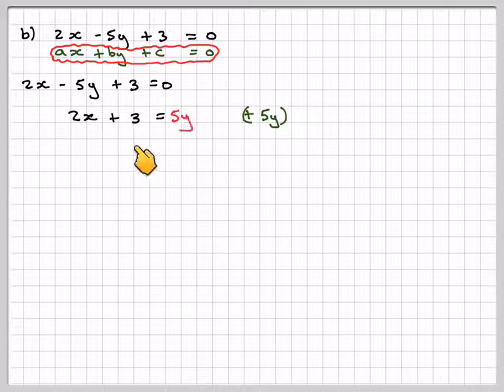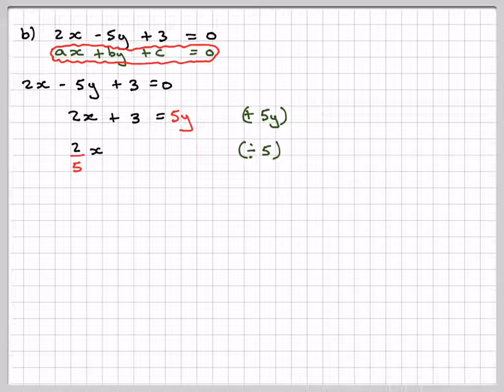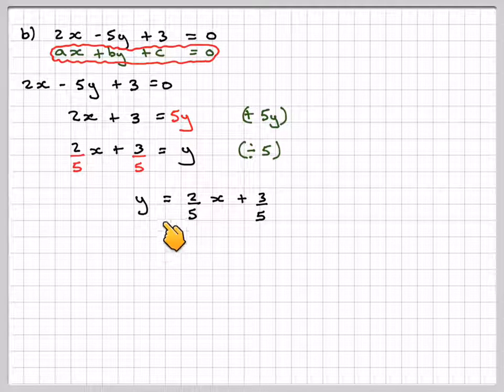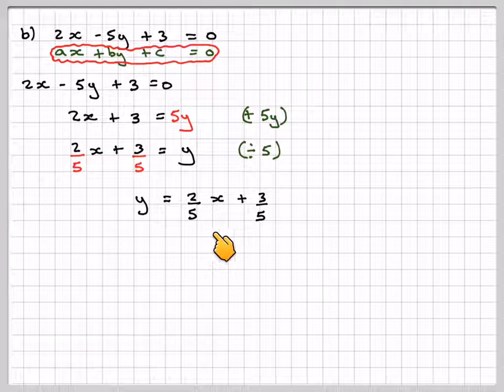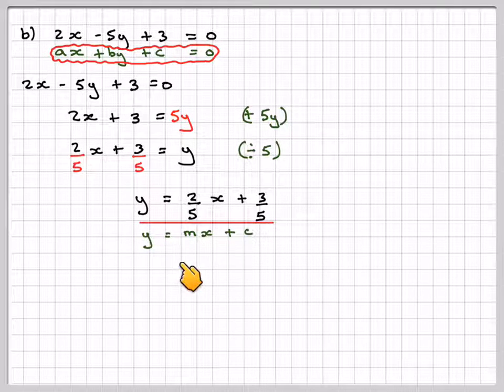So this side we've got 2x plus 3, and on this side 0 plus 5y makes 5y. And now we're going to divide by 5 to make y the subject. So we get 2 over 5x plus 3 over 5 is equal to y. Normally we would write this round, y is equal to 2 over 5x plus 3 over 5. Now this is in the format y is equal to mx plus c.